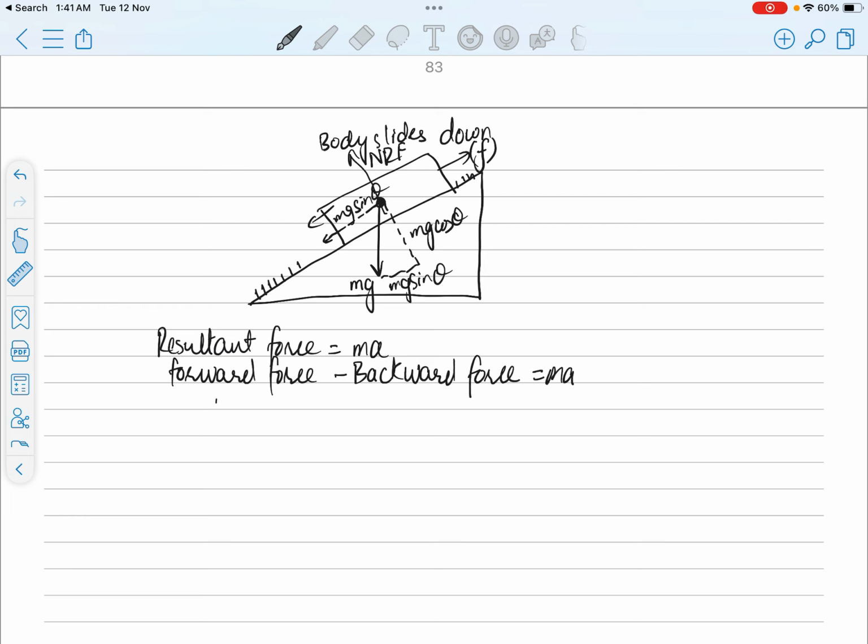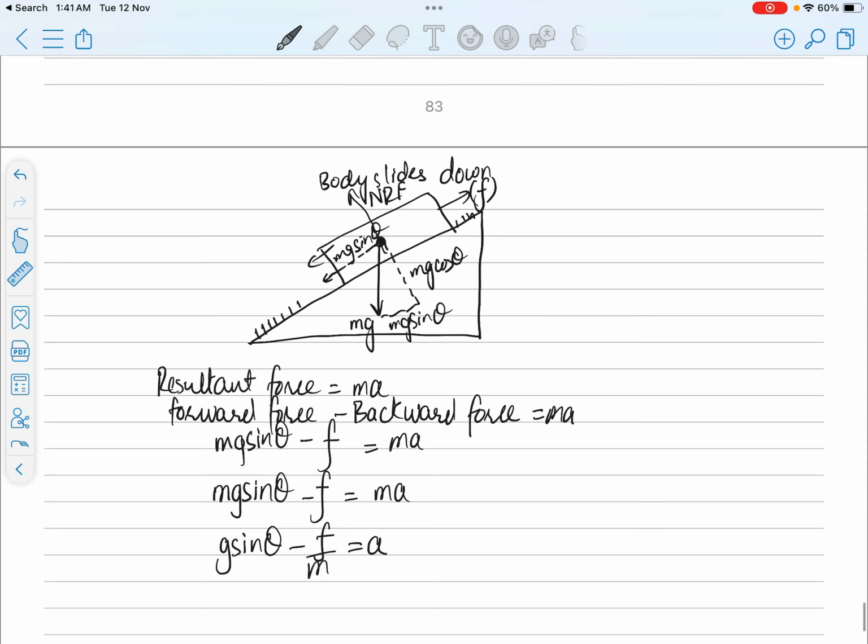Forward force is mg sine of theta, backward force is F. So mg sine of theta minus F equals ma. Divide both sides by m, you get g sine of theta minus F over m is equal to a, the acceleration.